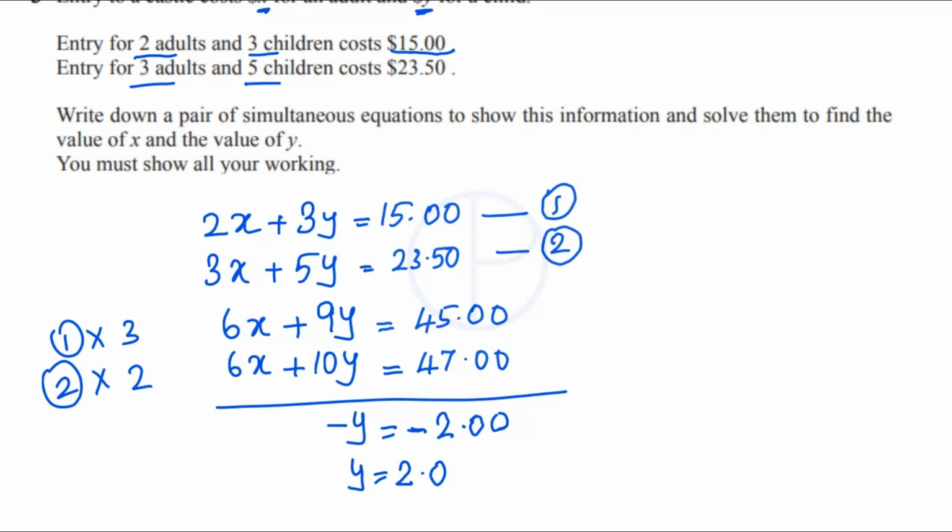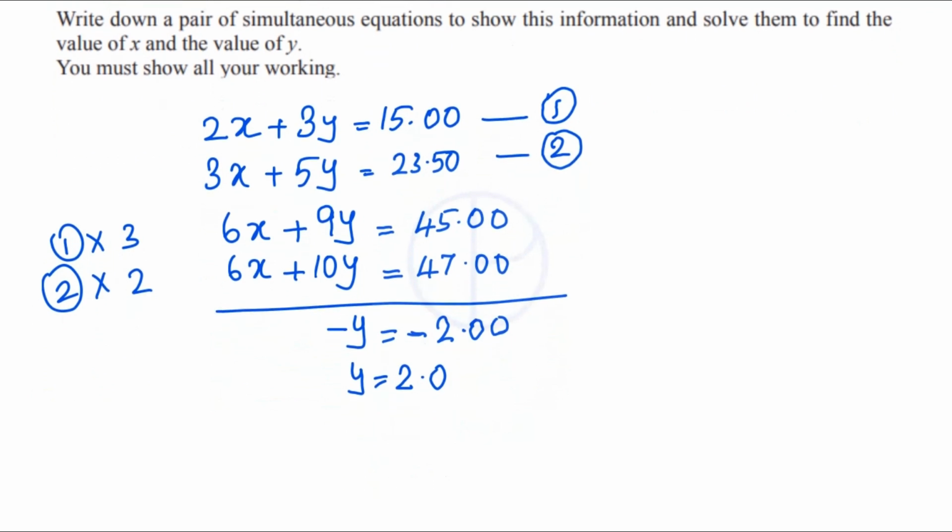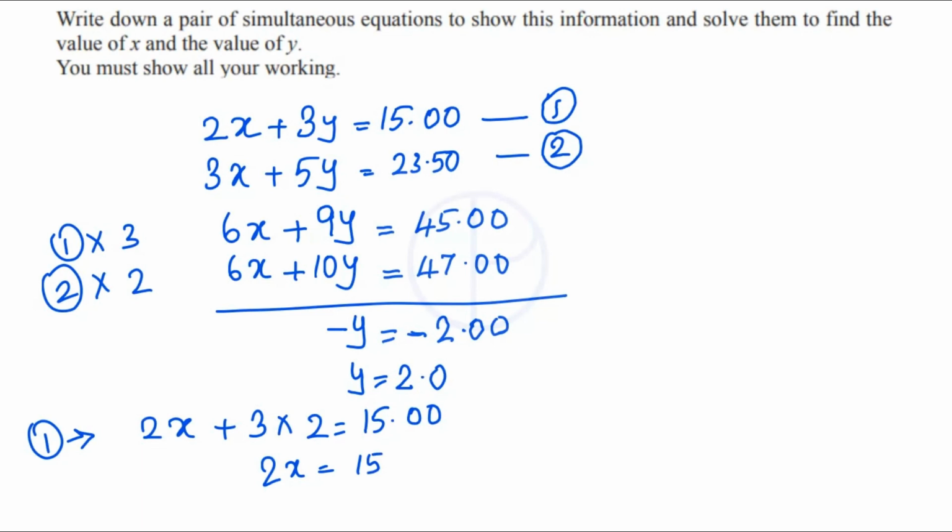Now let's find the x value by substituting in equation 1. So 2x plus 3 multiplied by 2 equal to 15. So 2x equal to 15 minus 3 multiplied by 2, which is 6. When it goes to the other side, it will change its sign and gives negative 6.